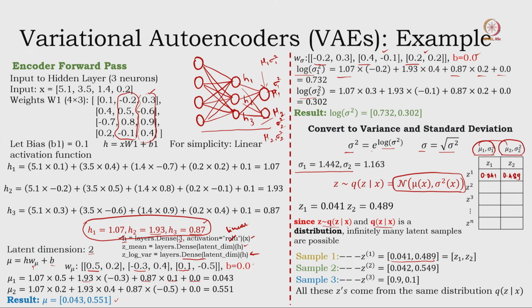Again, can I randomly pick one more value from this distribution? The answer is yes, you can pick one more number, this is the value. So, you can pick any number of Z from this particular distribution. This is one important point you need to remember.